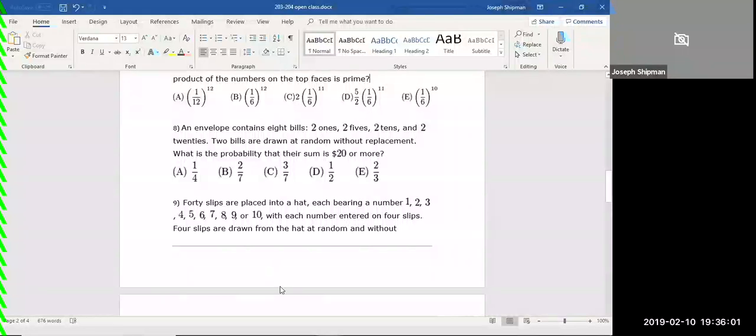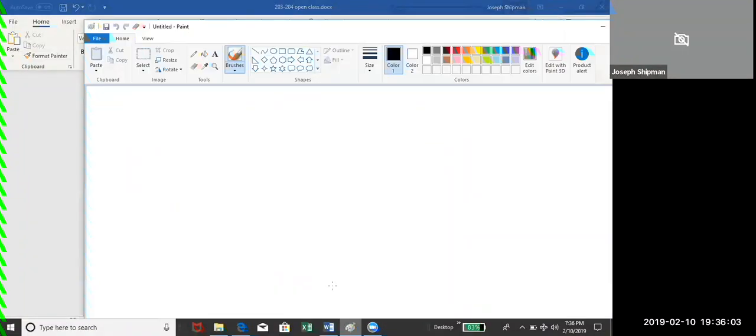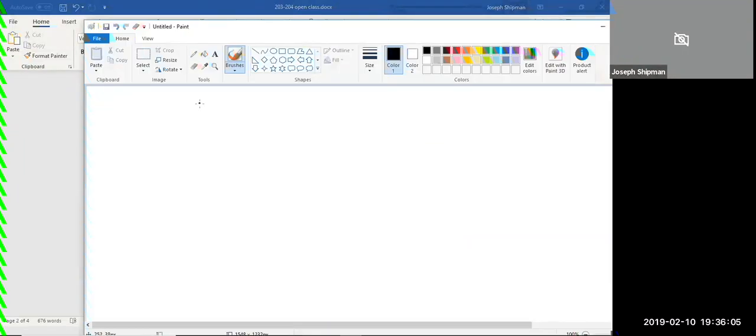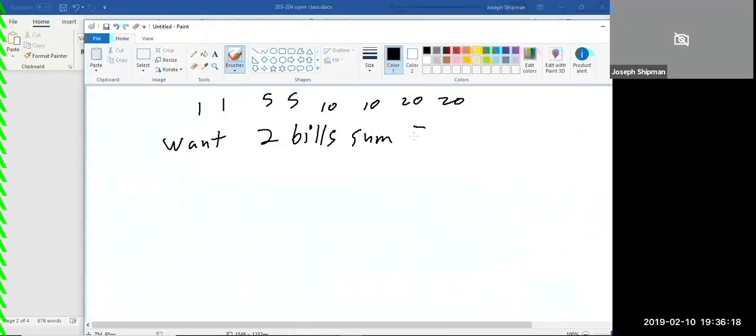All right, so let's open up a window here. We've got 1, 1, 5, 5, 10, 10, 20, and 20. And we want to get 2 bills with sum greater than or equal to 20.